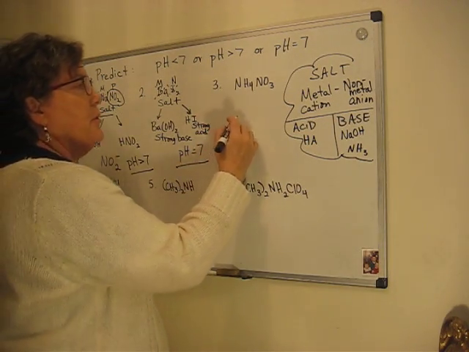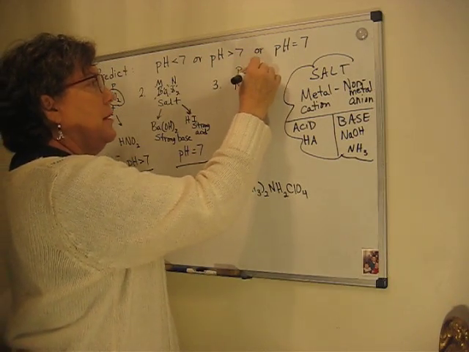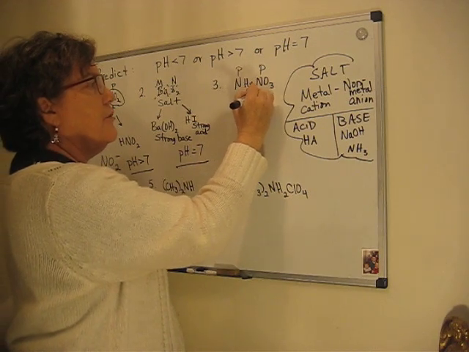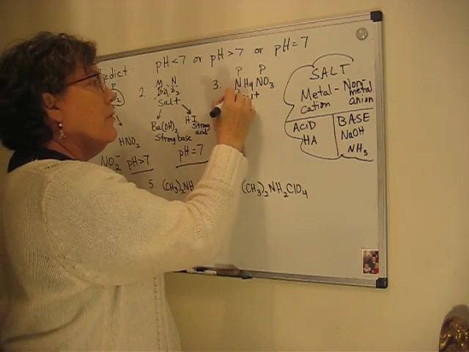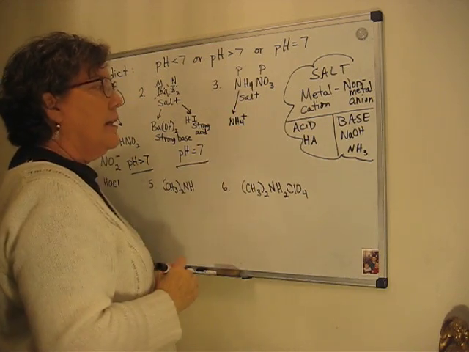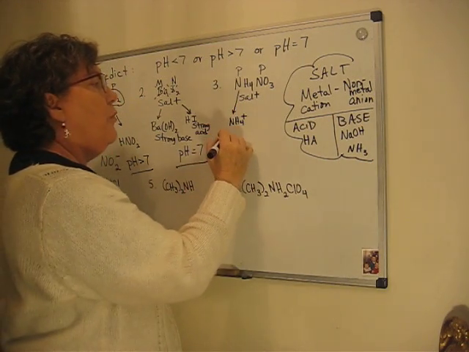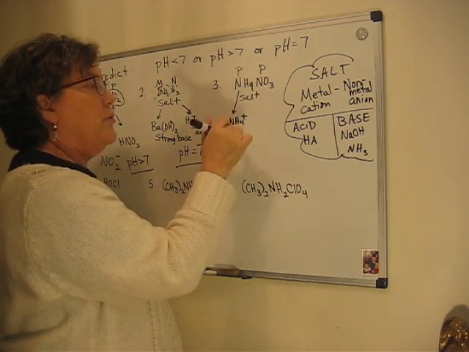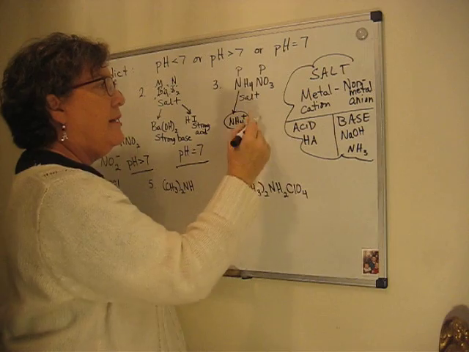Alright, here we go. So now we have a polyatomic and a polyatomic. Those are still salts. So I have to think about hydrolysis. So ammonium is the conjugate acid of what base? Ammonia. This is weak, therefore that is strong. That will react.